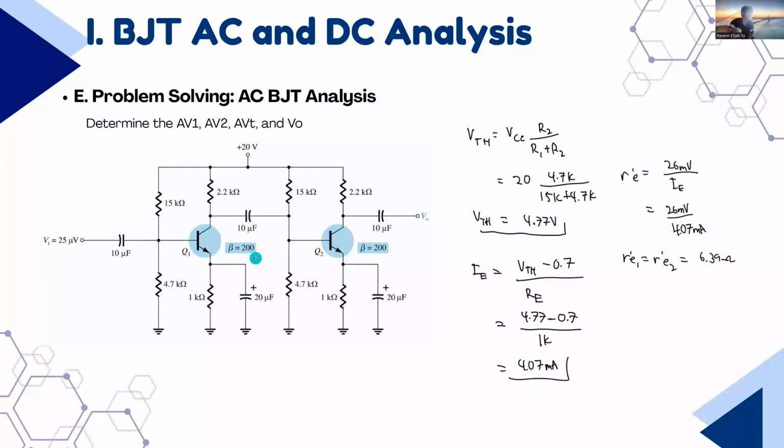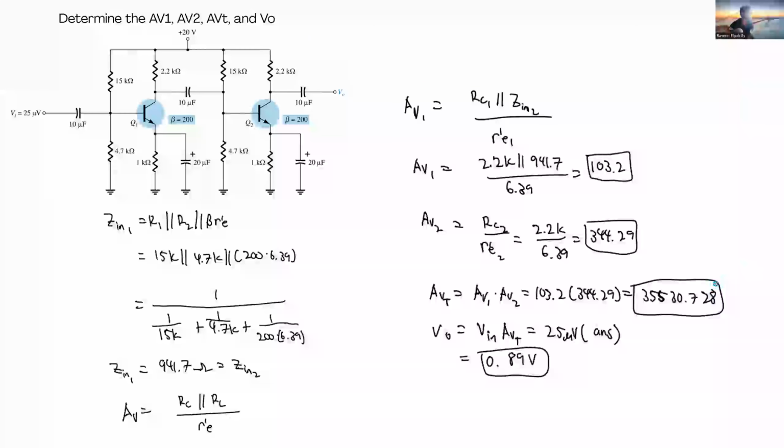They are the same for both voltage dividers. Therefore, RE1 is equal to RE2. So we use the RE formula, 26 millivolts over IE. We just apply what we have obtained for IE, then we calculate. Therefore, 6.39 ohms is our small RE for RE1 and RE2.